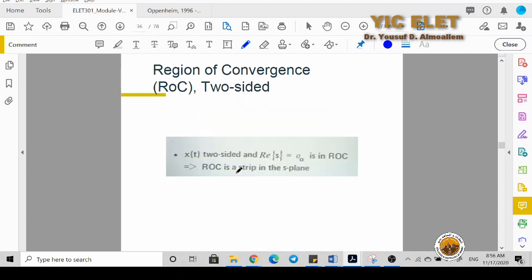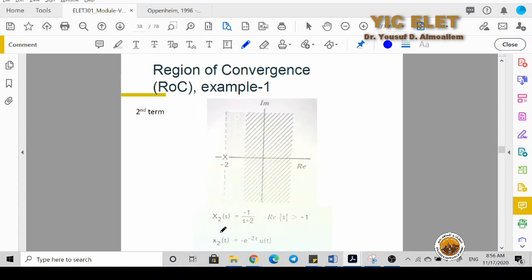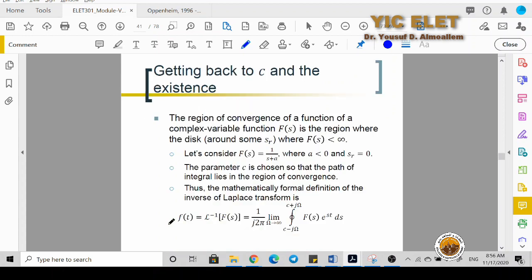If you go through this example, you can get some more details about it. I will leave this example for you to go through.